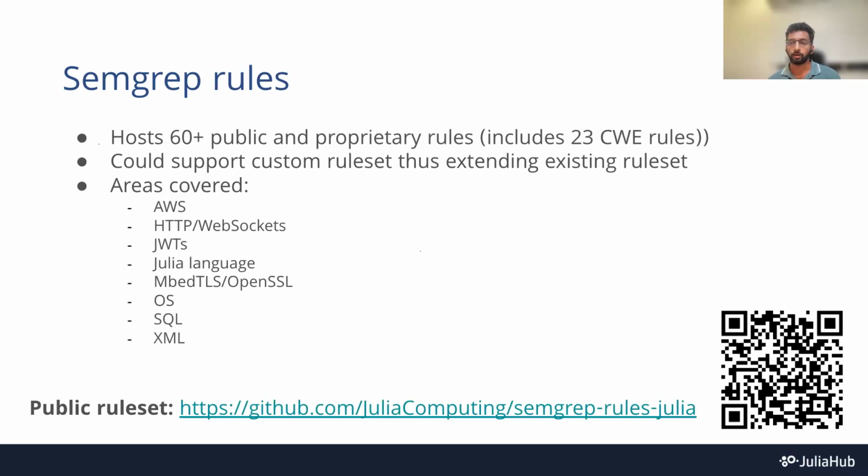We also allow our customers to write their own custom rule sets, extending the existing rule set tailored to their specific needs and coding practices. The rules cover a broad spectrum of areas ranging from AWS, HTTP, web sockets, JWT tokens, SQL, and of course the Julia language itself.